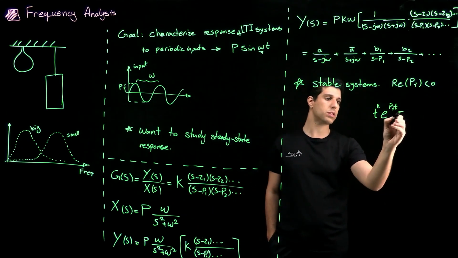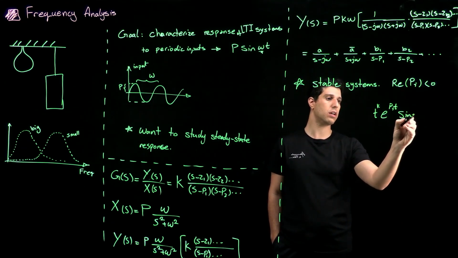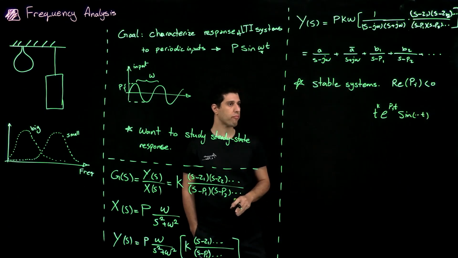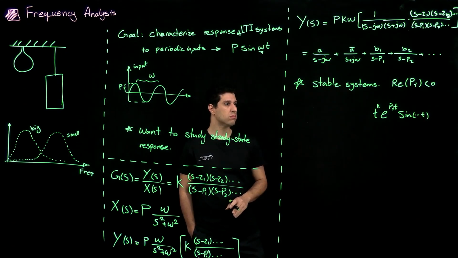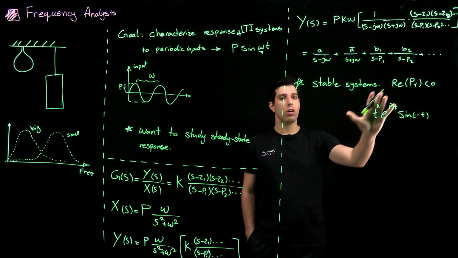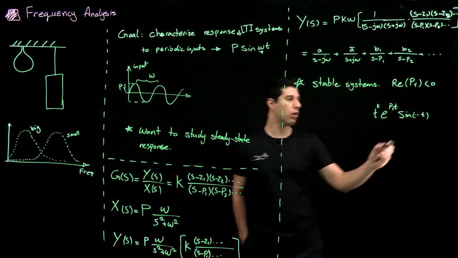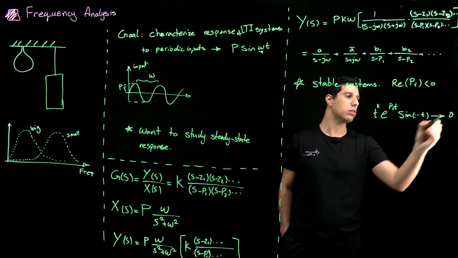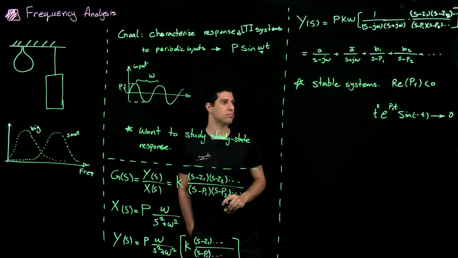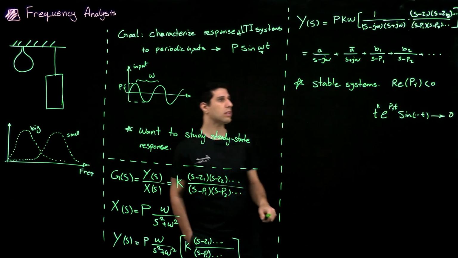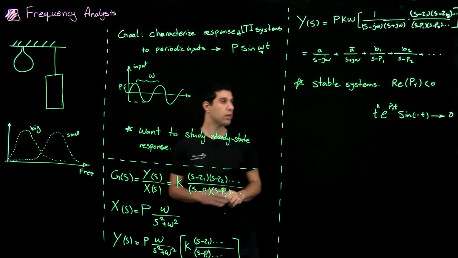Maybe there are some sines and cosines, sine of something t. So all of these terms that come from individual poles, they all eventually go to 0. This shouldn't be p_i, this is not exact, but it's fine.